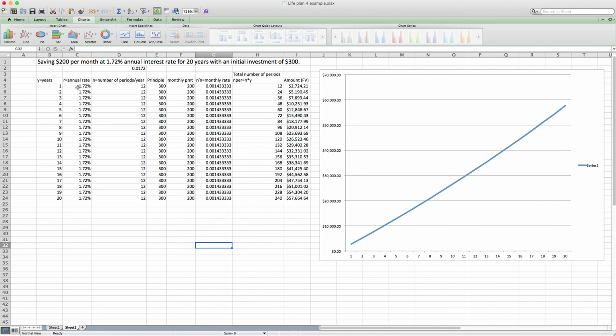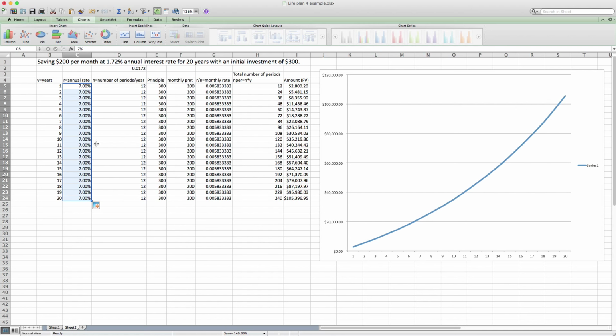But there are other kinds of investments that perhaps have a higher interest rate. Let's say, for example, you find some kind of investment, wherever it may be. Let's say you get 7% return on investment. All right, I'm going to click that, drag it down, and you'll notice it automatically adjusted all of the numbers across the board, not the ones that didn't matter.